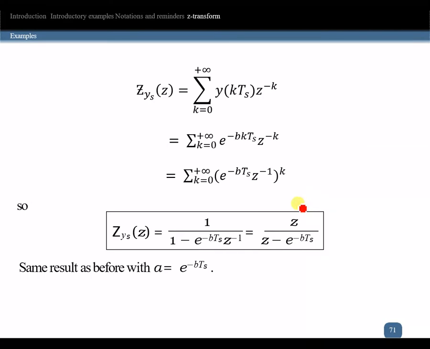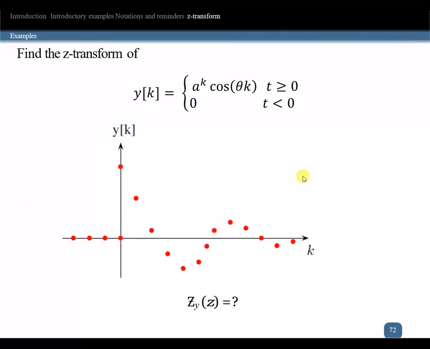In this slide, the same thing, they find the same result. Now the most important signal, we want to see what happens for a^k cosine theta k. What is the z transform of this signal? It's not difficult.